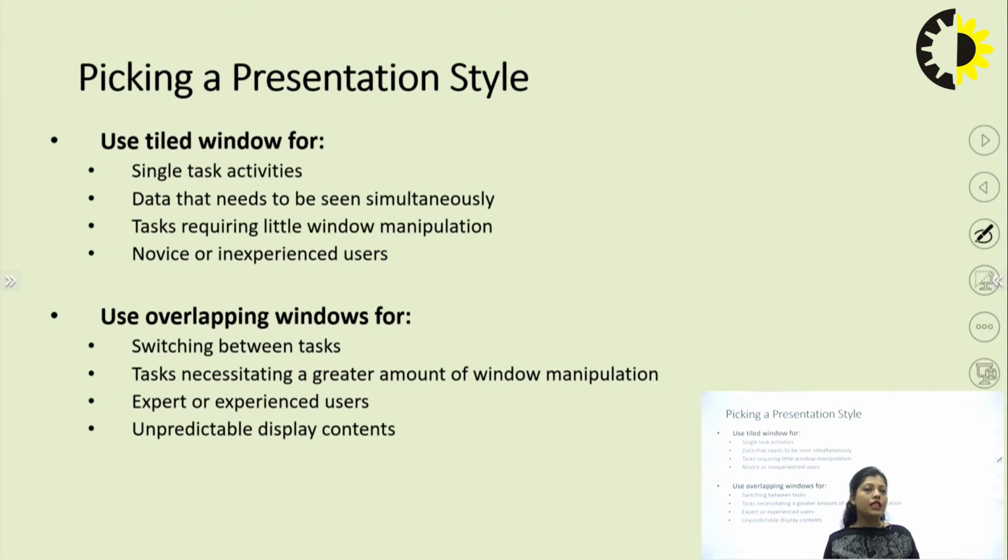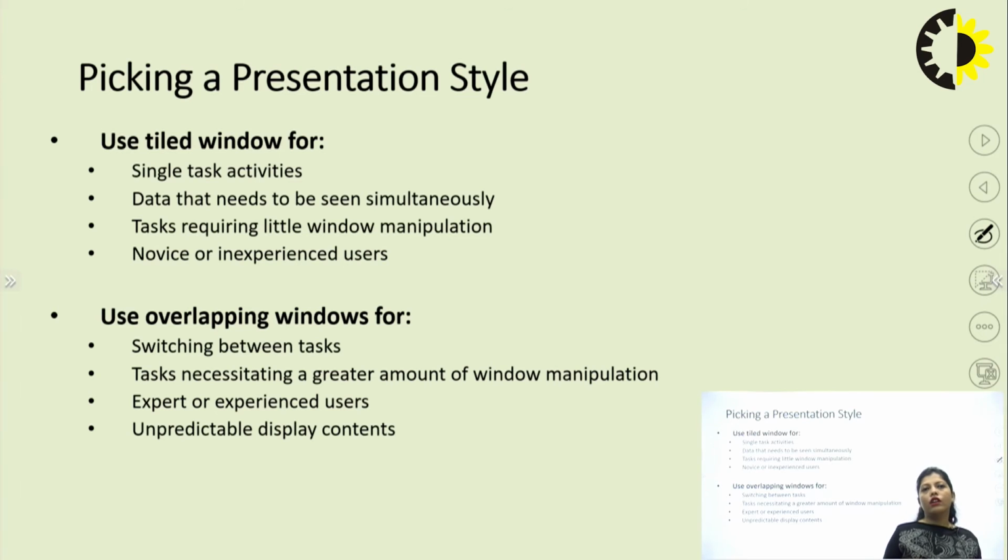It suits data that need to be seen simultaneously, and tasks requiring little window manipulation, where you don't frequently change windows, opening or closing them. It is also for novice or inexperienced users, because a new, learning user can easily understand the tiled window.